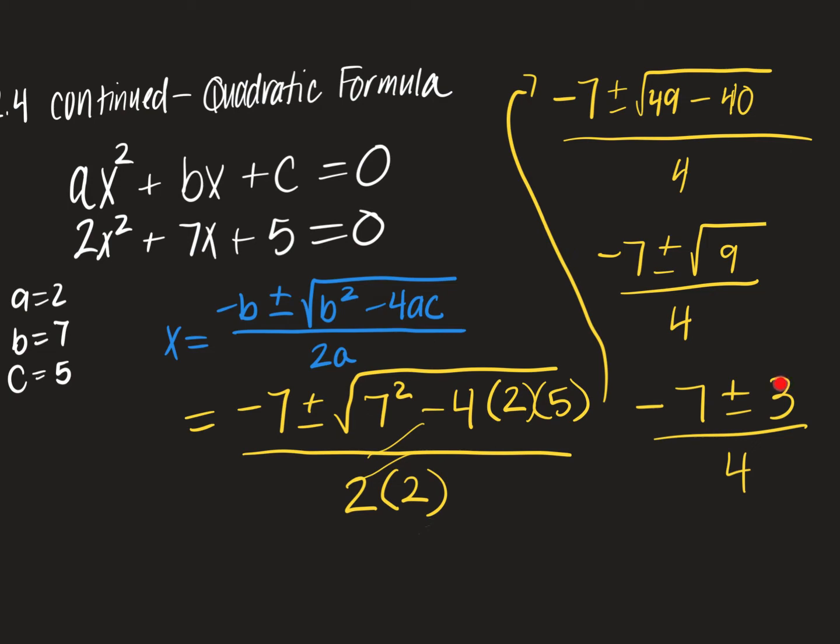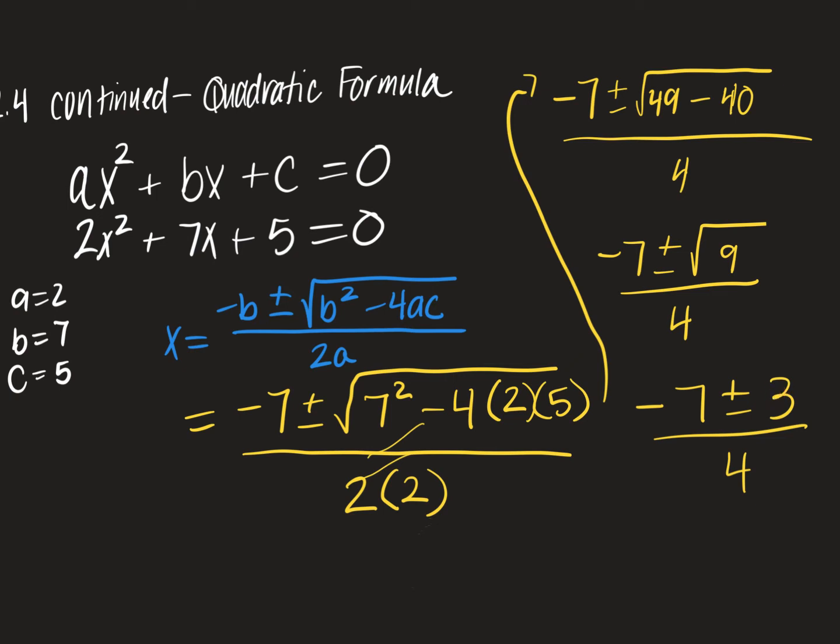No. I'm confused. How did you get 9? Okay, so I did 7 squared and got 49 up here, because 7 times 7. Then I did 4 times 2 times 5, which is 40. And then 49 minus 40 is 9. And then the square root of 9 is 3. Oh, okay. Sorry. That's all right.